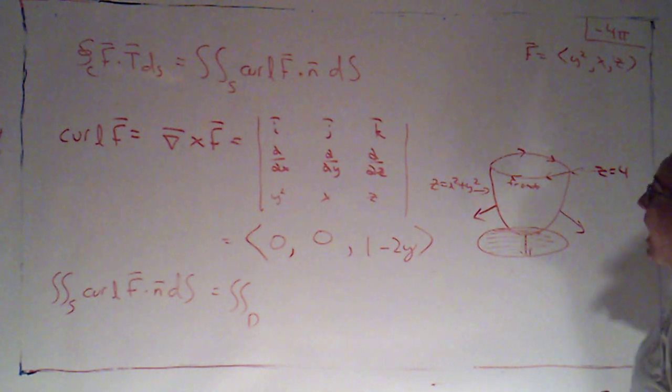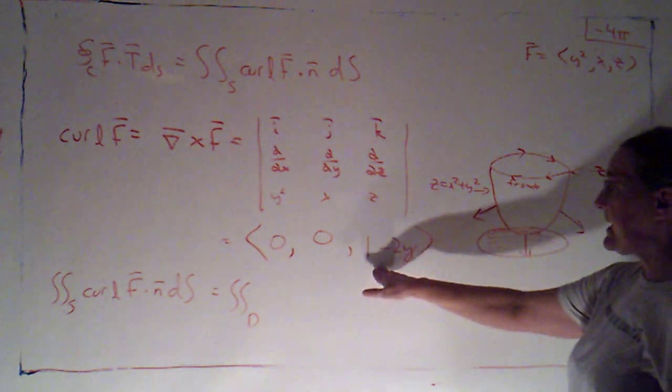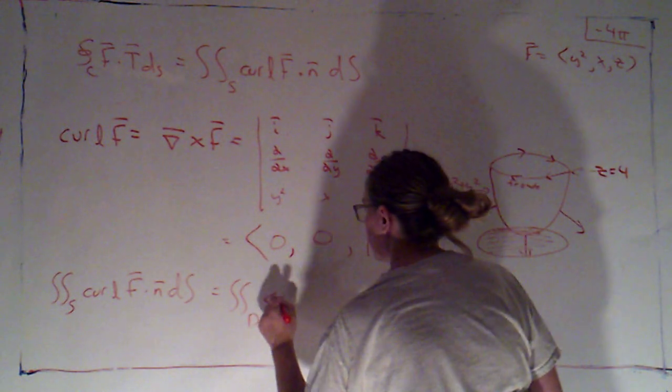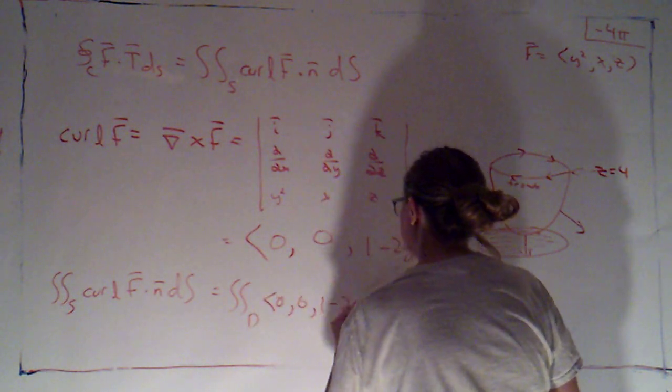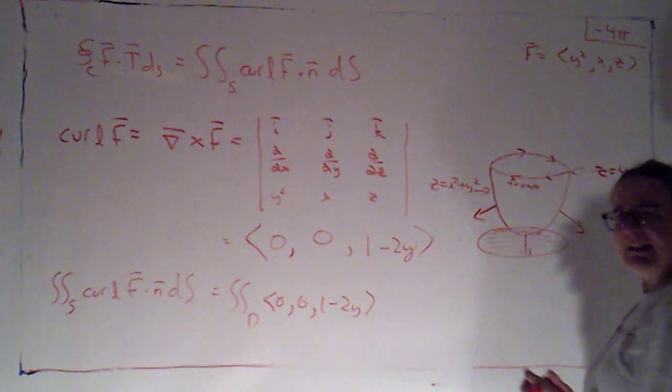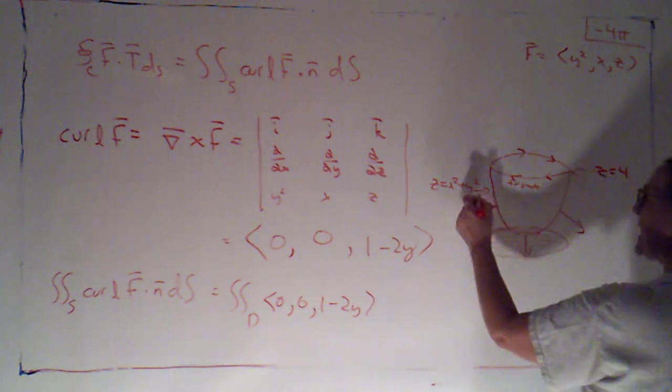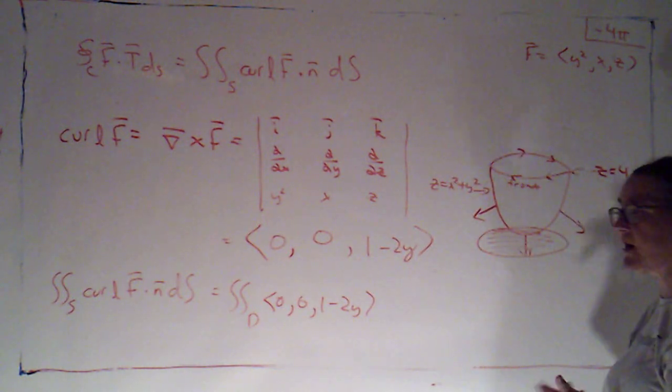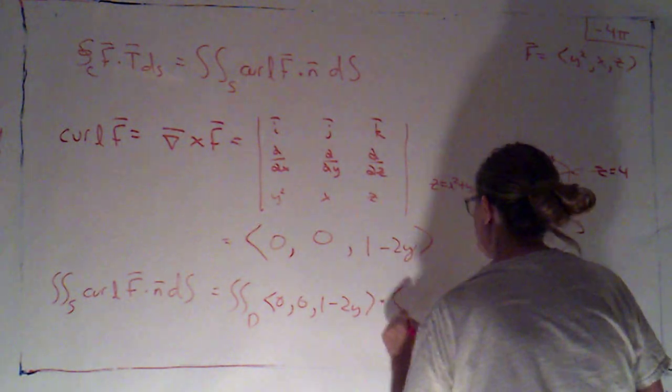Okay. All right, so I need to then describe my curl of f in terms of just x and y. That's pretty straightforward because there weren't any z's in that formula. If there had been, I'd replace them with x squared plus y squared. Dotted with.